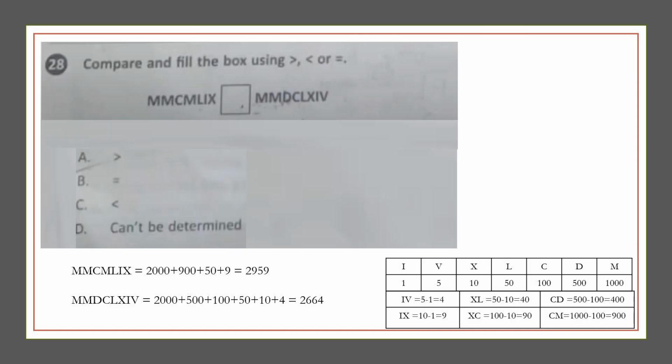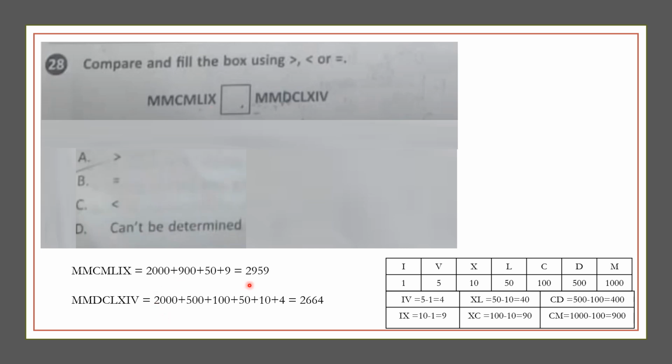Question number 28. Compare and fill the box using greater than, less than or equal. These are Roman numerals. Let's calculate their value. M is 1000, so 2M is 2000. CM is 1000 minus 100 because C is before M, so it will be 900. Now L is 50 and IX is 9.